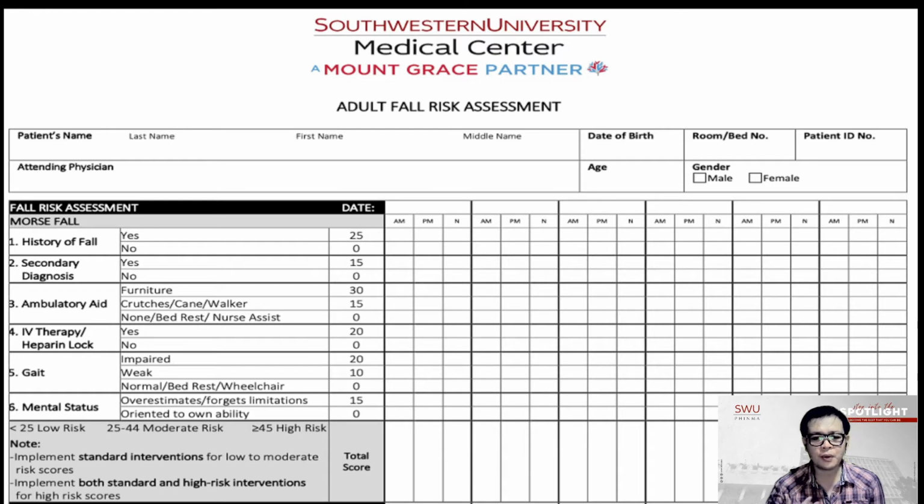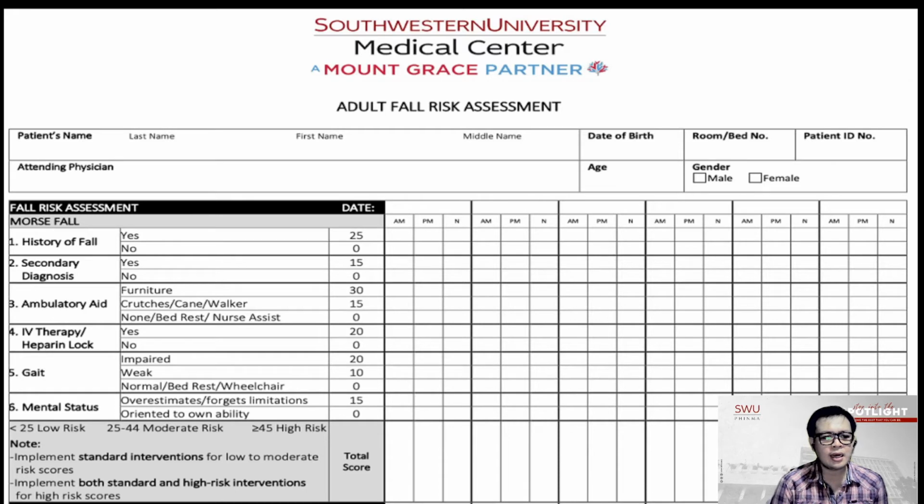So say, for example, I'm on a morning shift. So I'm trying to assess a particular patient who is oriented with Glasgow Coma Scale of 15, verbally converses, oriented, and could follow commands. However, my patient has an IV line, doesn't have any crutches at all, doesn't have any history of fall, doesn't have any secondary diagnosis, but the diagnosis is more into dengue fever.